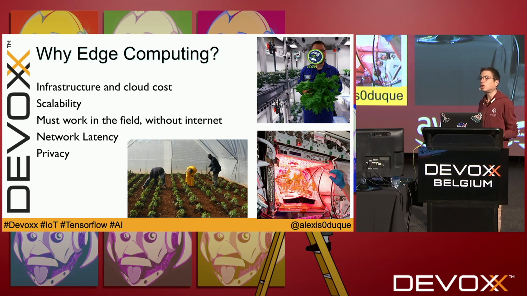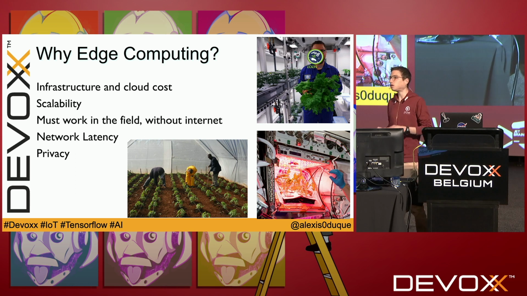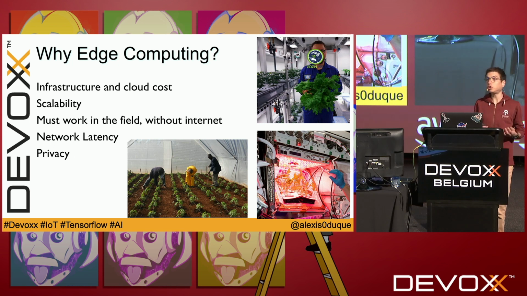We want our system to work in the field without internet. If you want to deploy such a system outside or in a place where internet connectivity is a real issue, like in Africa, or in places like the Antarctic or in space.